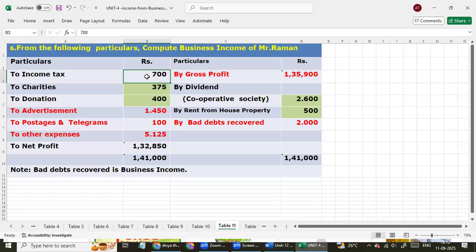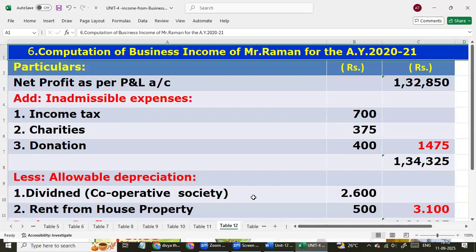So here I will adjust the profit and find out the profit which is taxable. The profit as per profit and loss account is 1,32,850. Now, income tax they are assuming as a tax for non-business, so we'll assume the same only.